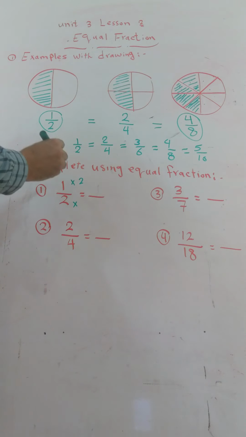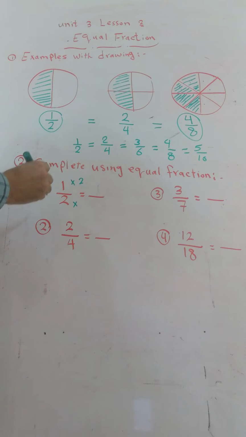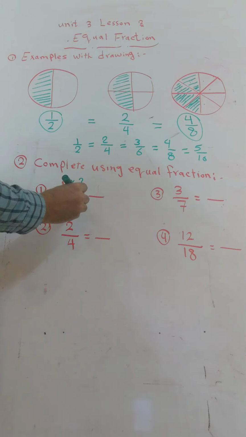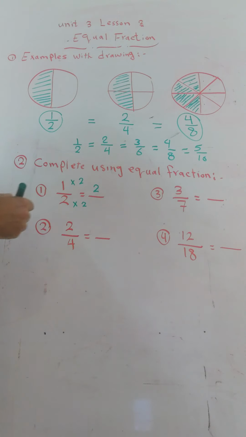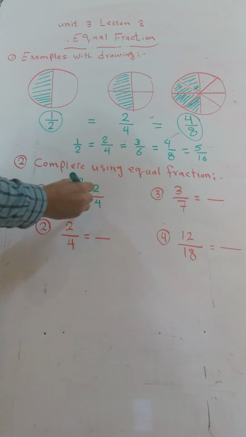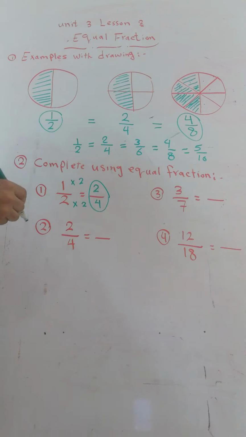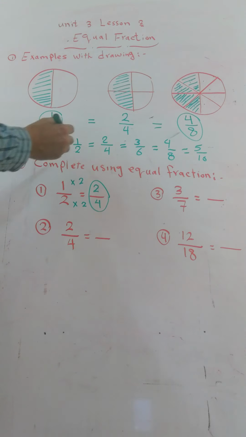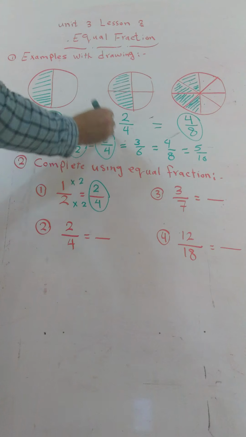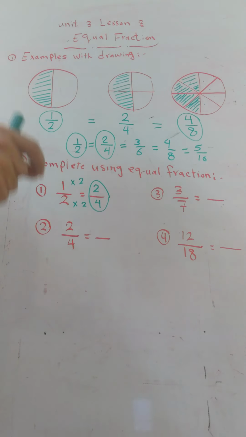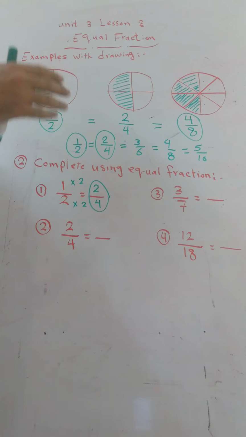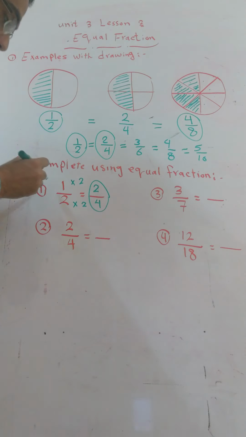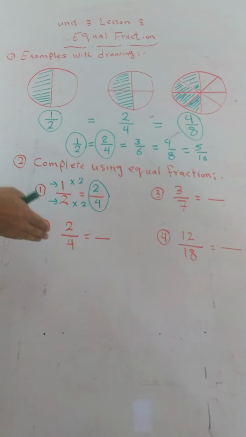So I will multiply the numerator by 2 and the denominator by 2. 1 times 2 is 2, and 2 times 2 is 4. So the new fraction will be 2 quarters. Yes, half equals 2 quarters. So if I want to create an equal fraction, I must multiply the numerator and denominator by the same number.